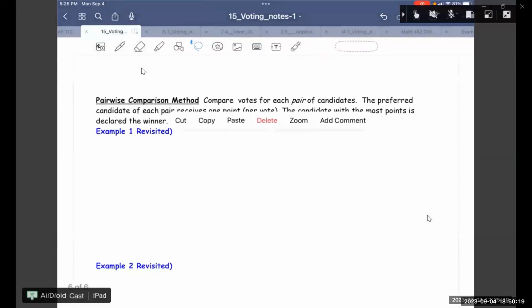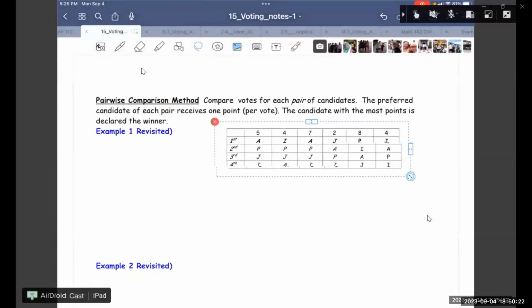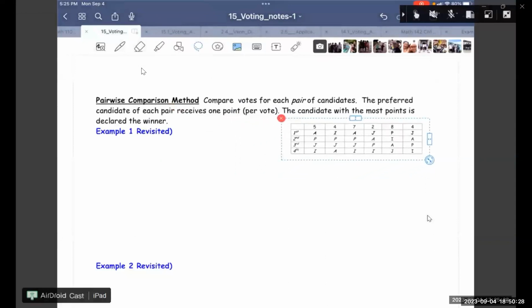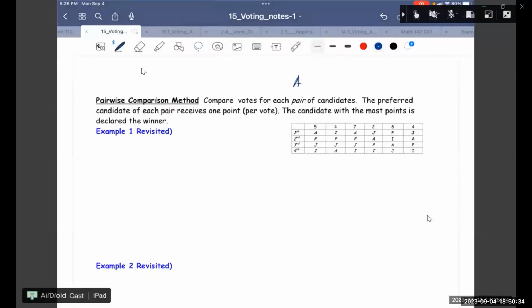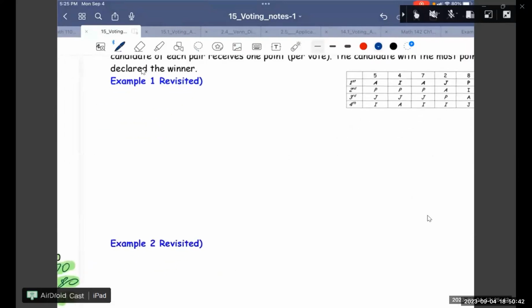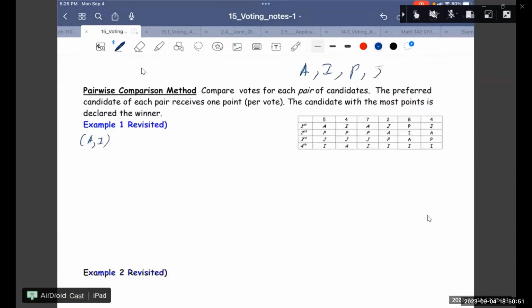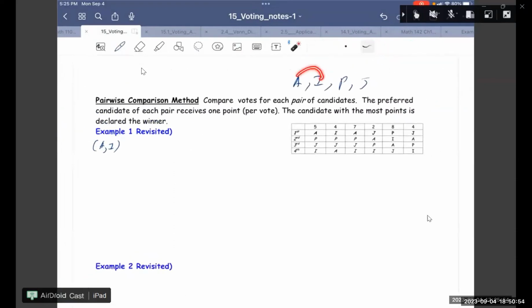We use example number one. So now we have A, I, P, J. So we have offset. This one is important. Remember this. We have to look for AI, AP, AJ, IP, IJ, and PJ.